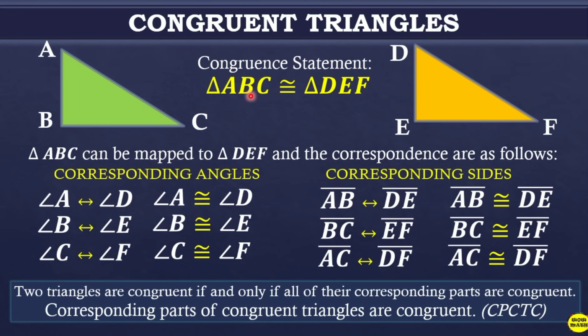Our congruent statement from the given corresponding angles and sides, we conclude that these corresponding angles and sides are congruent. Therefore, our congruent statement is triangle ABC is congruent to triangle DEF.